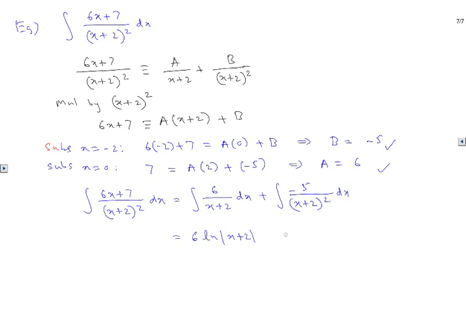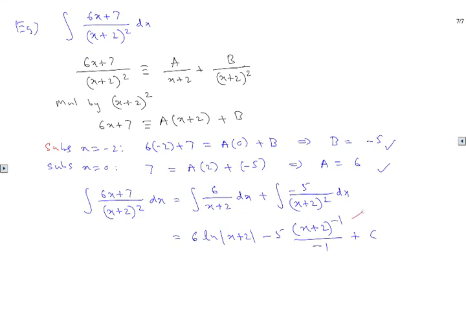we can use the 4 formulas again here, because the derivative of x plus 2 is just 1, so you can pull the -5 out. We just use the power rule, so that means x plus 2 to the -2 becomes x plus 2 to the -1 over -1 plus c. Just use the power rule or the 4 formulas.